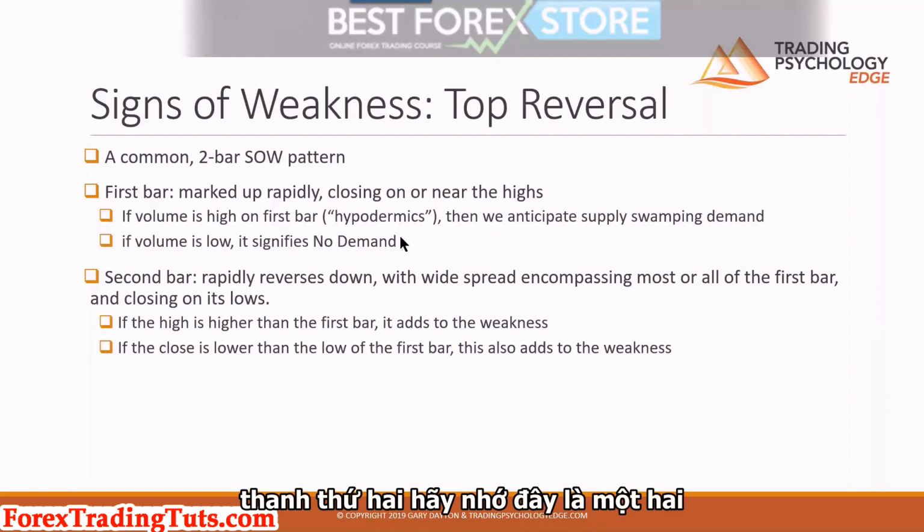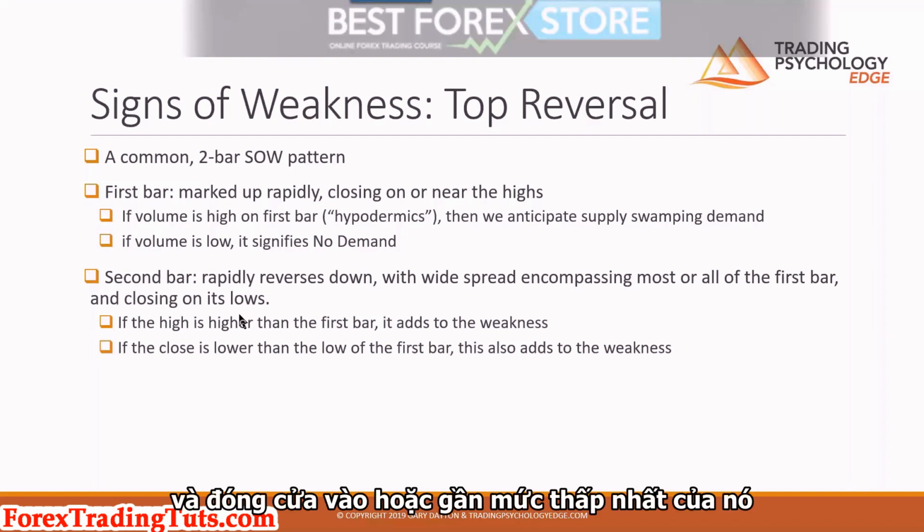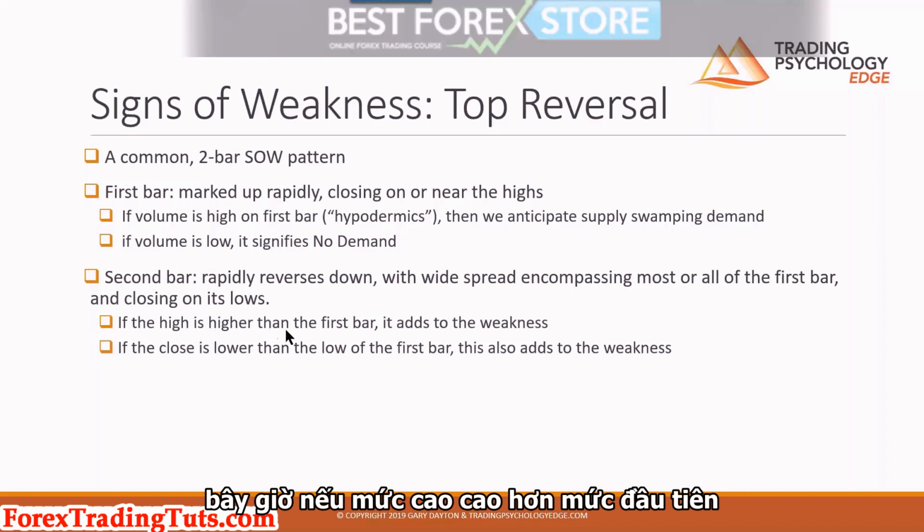The second bar, remember this is a 2-bar pattern, comes down right away with wide spread, and it should encompass most or all of the first bar, and closes on or near its lows. Now, if the high is higher than the first bar, in other words, if it went up above the high of the prior bar, couldn't hold it, and then came down, that adds to the weakness.